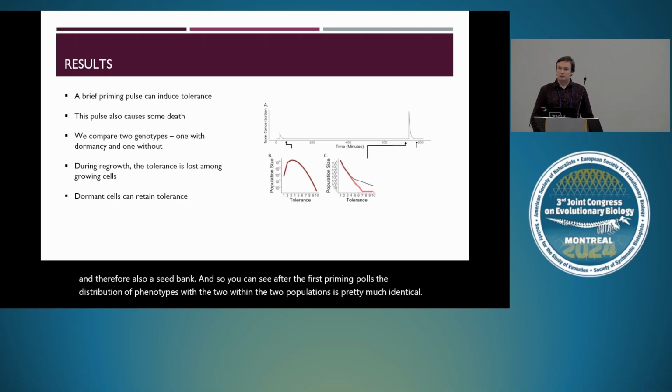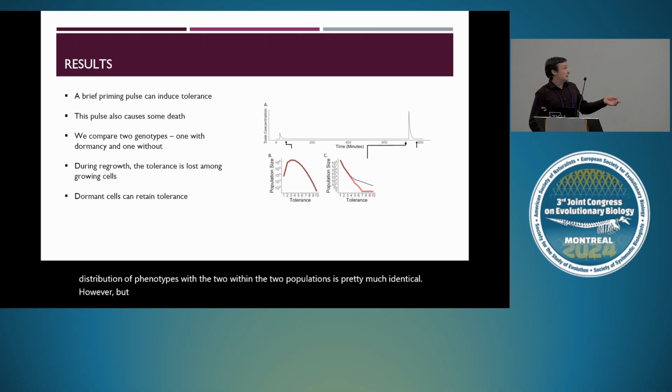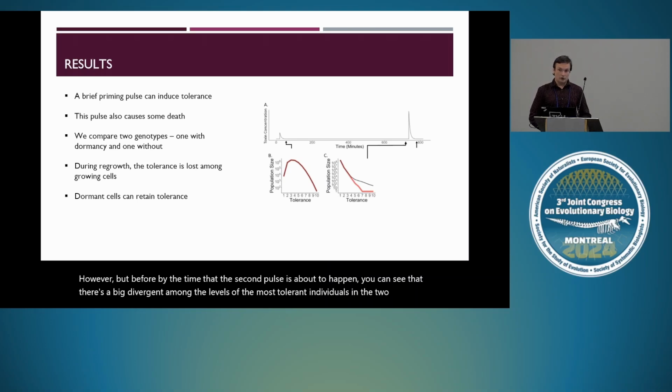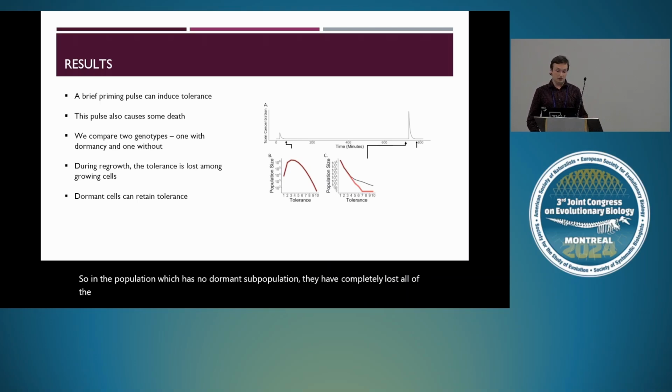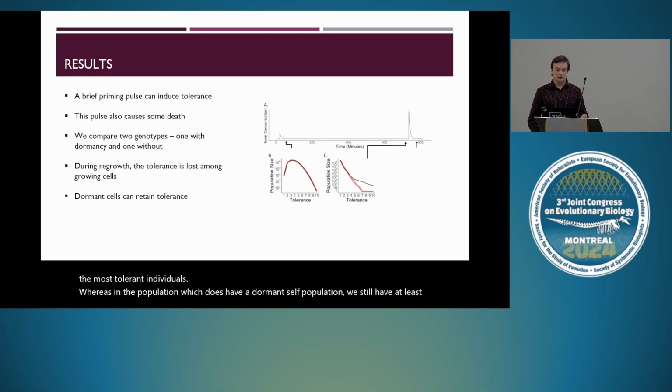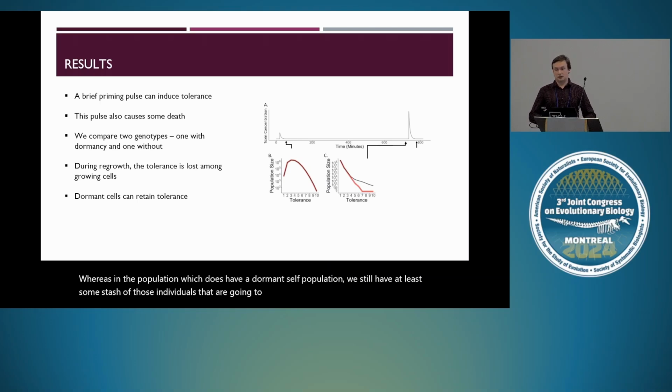However, by the time that the second pulse is about to happen, you can see that there's a big divergence among the levels of the most tolerant individuals in the two populations. So in the population which has no dormant subpopulation, they've completely lost all of the most tolerant individuals, whereas in the population which does have a dormant subpopulation, we still have at least some stash of those individuals that are going to be more likely to survive an intense pulse.